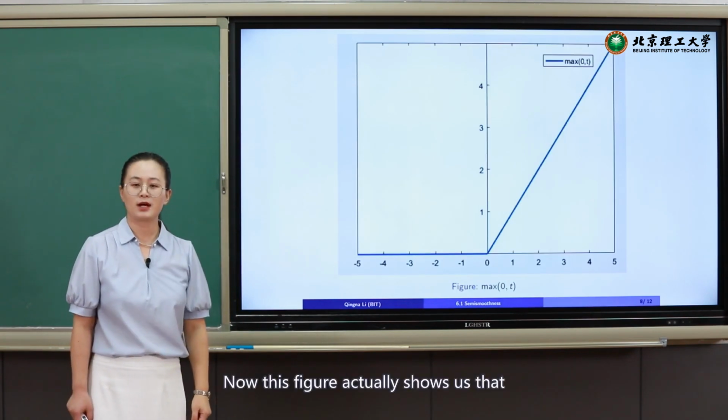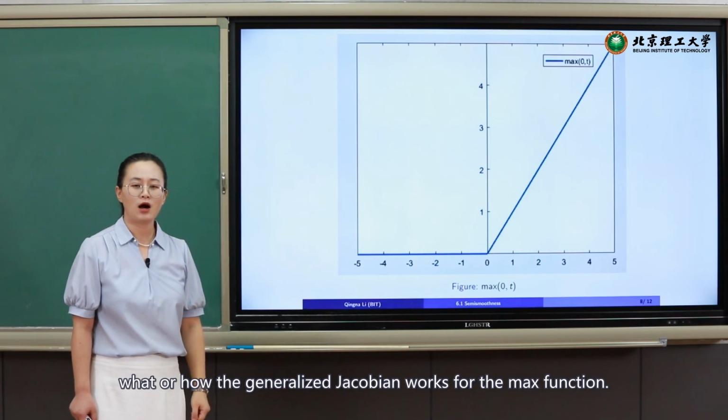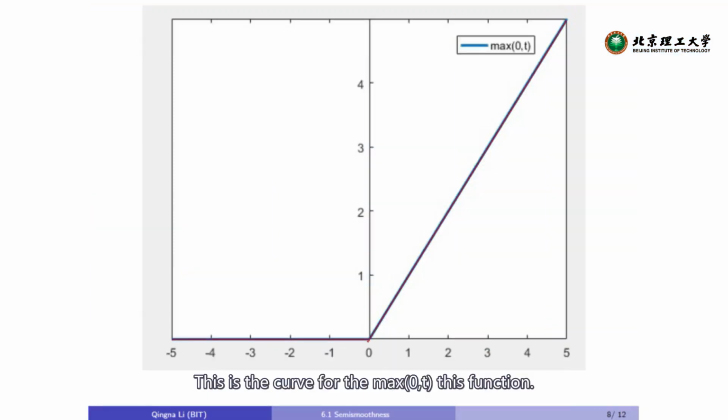Now, this figure shows how the generalized Jacobian works for the max function. This is the curve for max(0, t), and we can see that this curve is differentiable everywhere except at 0.